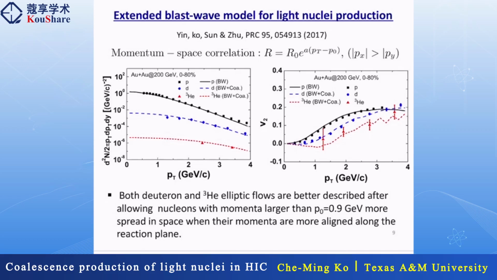In other words, we reduce the coalescence probability to get a smaller V2. That introduces two parameters, A and P naught, to modify the spatial distribution of those high momentum particles.